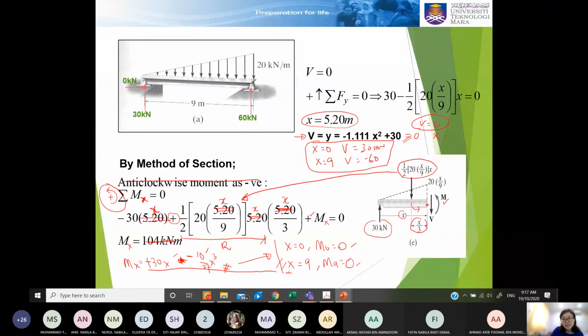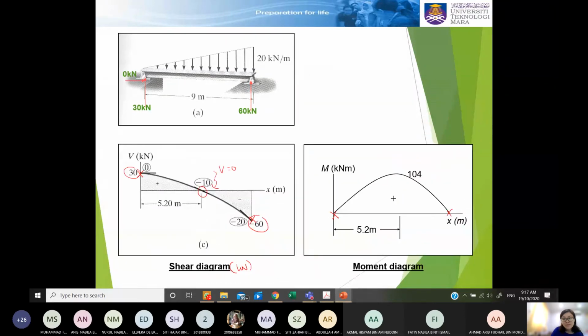Again, just to repeat quickly. Now we want to determine the maximum moment. And we know that the maximum moment will happen when V is equal to 0.